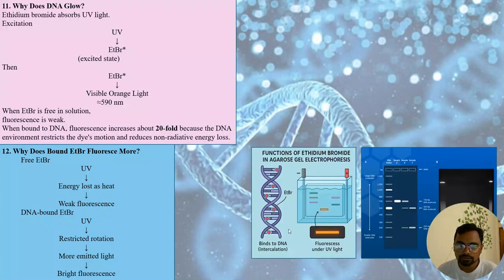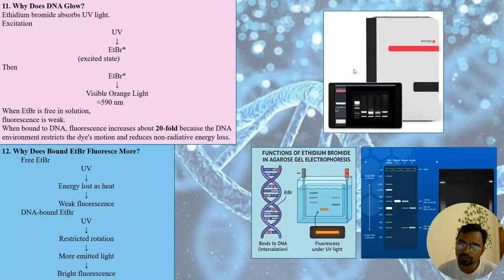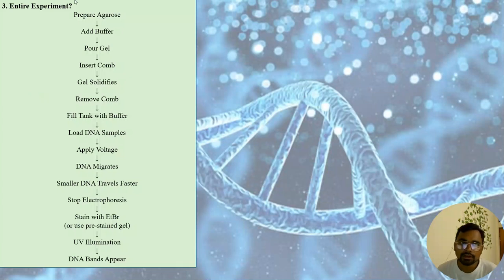The same mechanism is used in this instrument, the gel doc. In the entire experiment, first we prepare the agarose powder, add water and pour into the gel, insert the comb and let the gel solidify, remove the comb, and fill the tank with buffer for electrophoresis. Load the sample with dye, apply voltage, current and time, and DNA migrates from cathode to anode, with smaller DNA traveling faster.